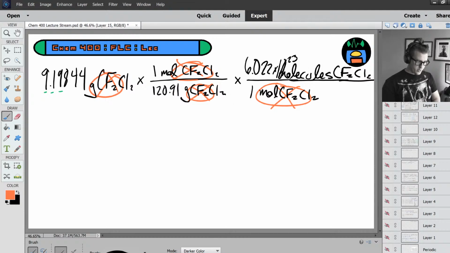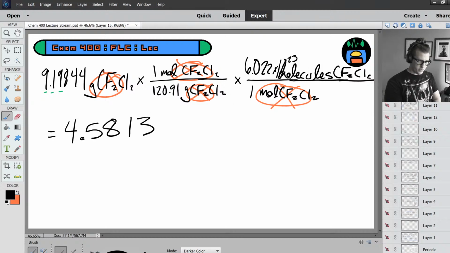So we have 9.19844 divided by 120.91 times 6.022 times 10 to the 23rd. My value here is coming out to be 4.581342 times 10 to the 22nd.